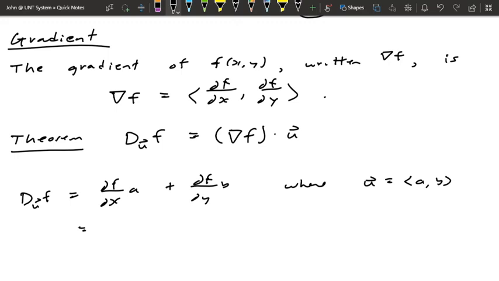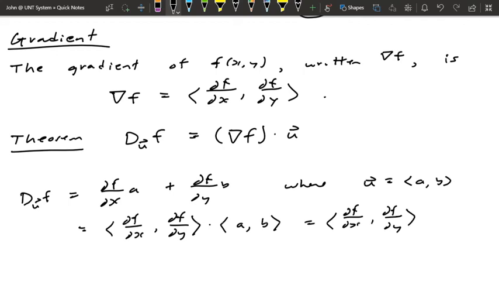Okay, it's just immediate from this formula. So usually when you're asked to compute the directional derivative of some given function, you will calculate, as a step in solving that, the gradient of f and then take its dot product with the direction u.